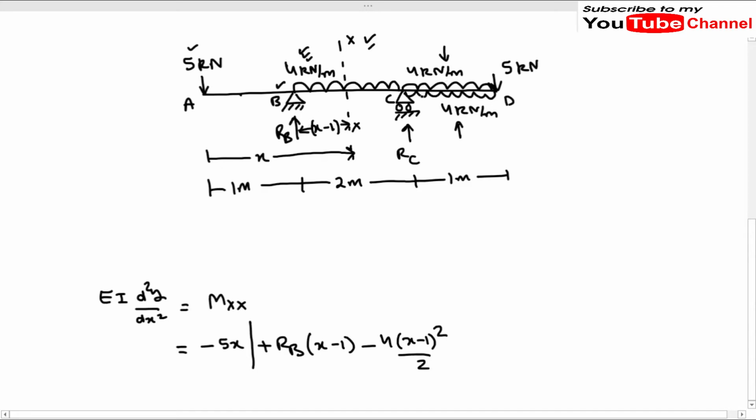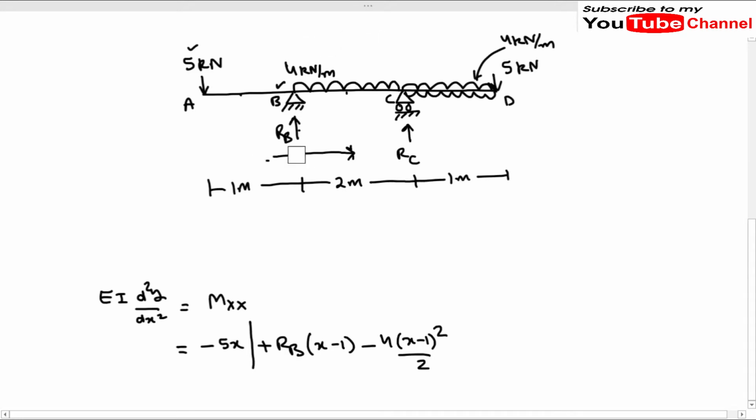Now we have moved into our segment CD. Let me just erase these two things, 4 kilonewton per meter, because it will create congestion in this picture. So this is our 4 kilonewton per meter, we know. Now I will erase this section also, because it will create confusion, and also this x.